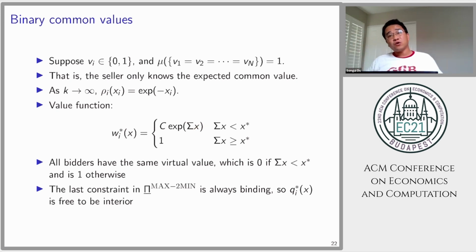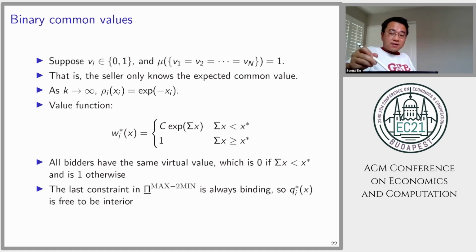The interim expected value only depends on the summation across the signals. And this interim expected value cannot be bigger than 1. So that's why we need to put a cutoff somewhere, X star. When the aggregate signal is less than the cutoff, it's this exponential function of the aggregate signal. And when the aggregate signal is bigger than the cutoff, then we just have 1 for the interim expected value.